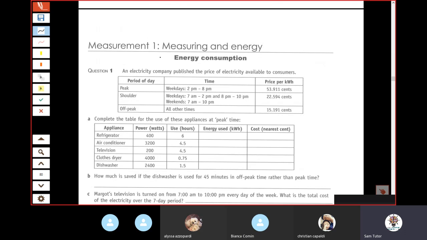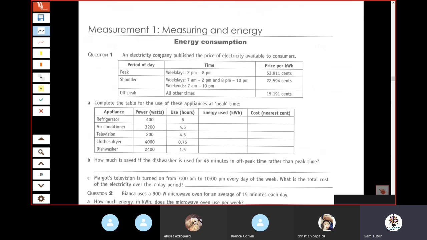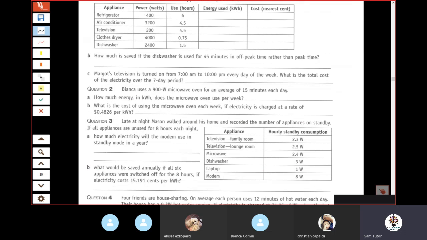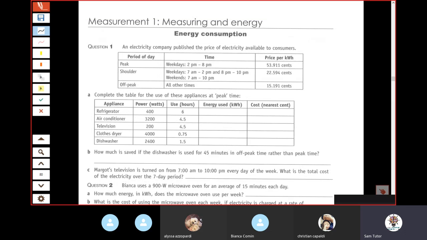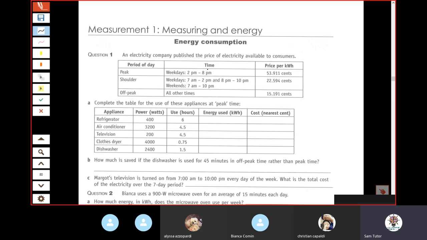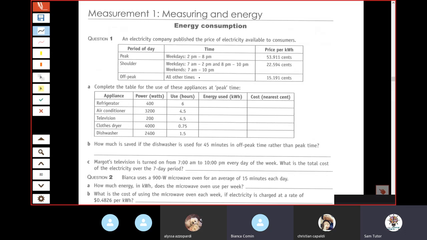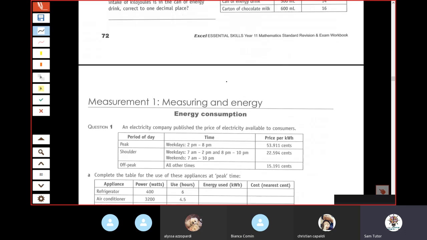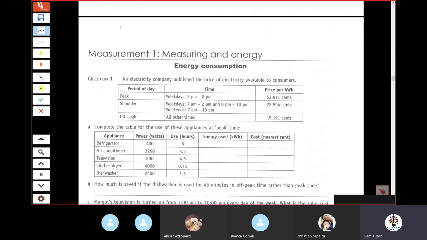Let's have a look at this. Measurement 1, energy consumption. Maybe we'll start off with the basic one first to understand this. So let's learn how this is a little bit different to the normal ones that we usually deal with.